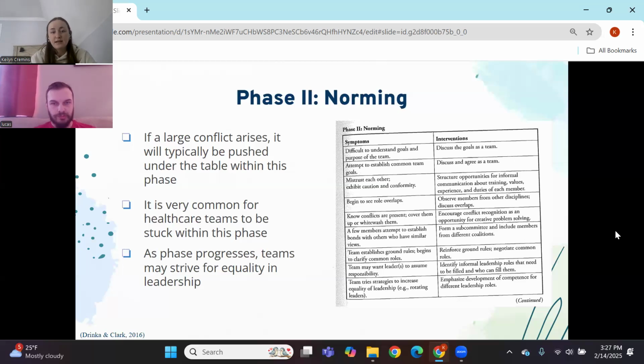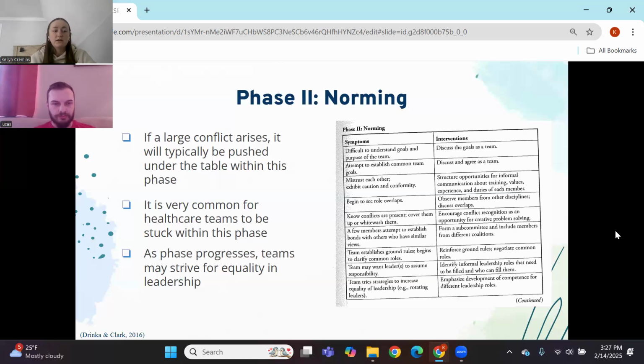In this phase, as the phase progresses, teams may strive for equality and leadership. However, this could cause many issues as teams might try and promote rotating leadership roles to different professionals who are maybe uninterested or ill-suited to lead the team in a cohesive and efficient manner.